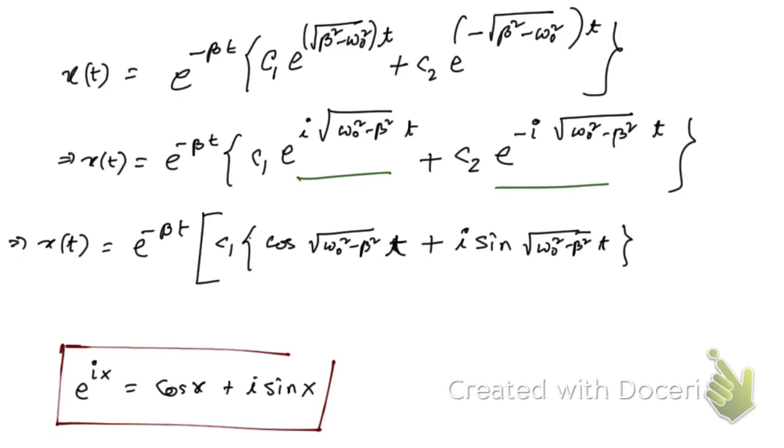And similarly, if we apply this formula to the second term, we get plus c2, and here the plus sign becomes minus, that's the only difference.